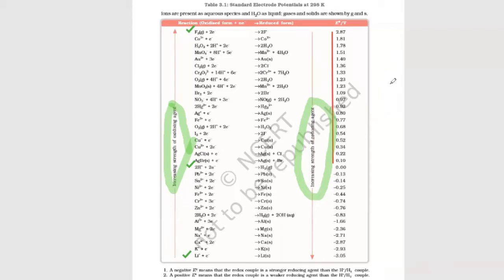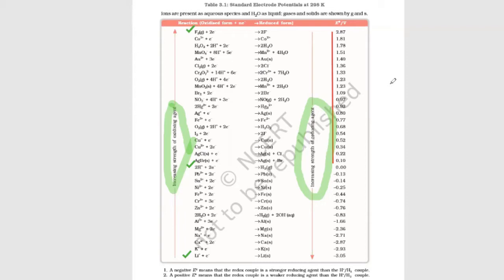The ones which are higher, they are easily oxidized, and the ones which are lower, they are, no, it's just the opposite. The ones which are higher, they are easily reduced, and the ones which are lower, they are easily oxidized. Clear? So the negative ones are easily oxidized, the positive ones are easily reduced.